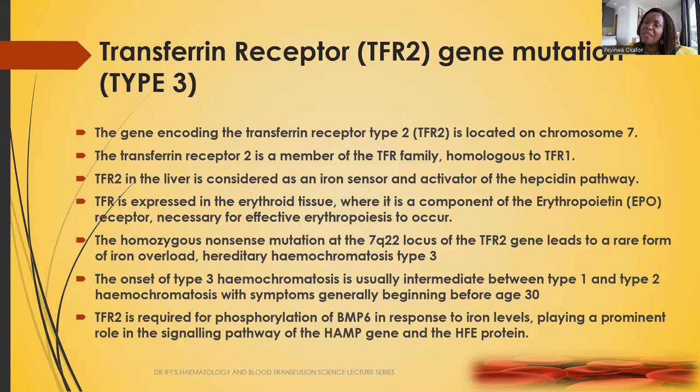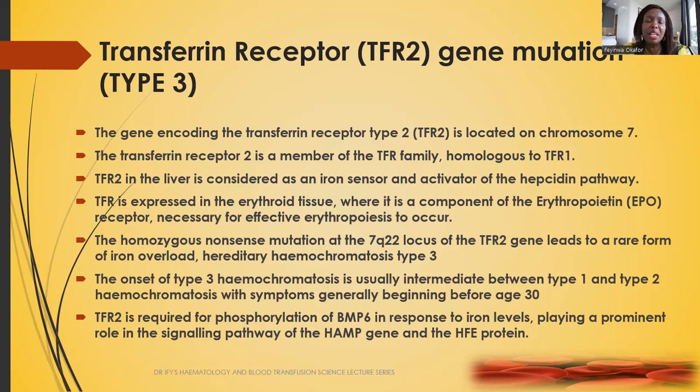So when transferrin carries iron from plasma to these cells, the transferrin receptor forms a complex with it and internalizes the iron within the cell through endocytosis, so that the mitochondria within the cell can have access to this iron to form hemoglobin.